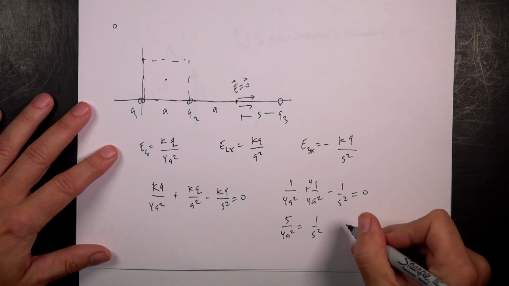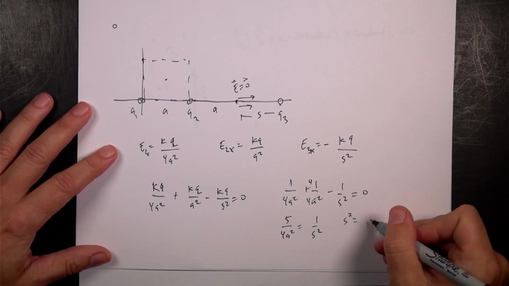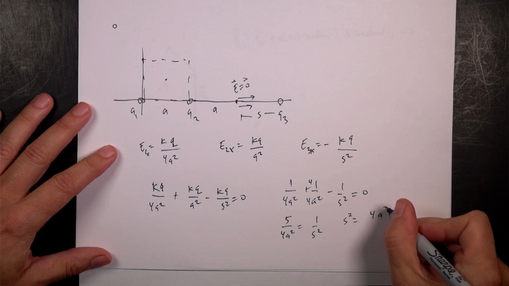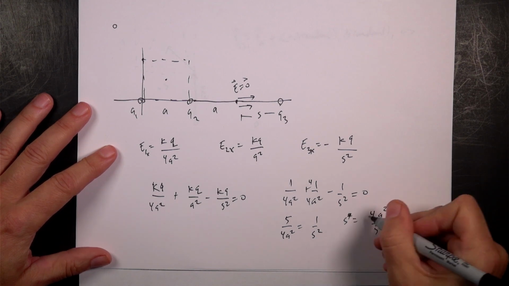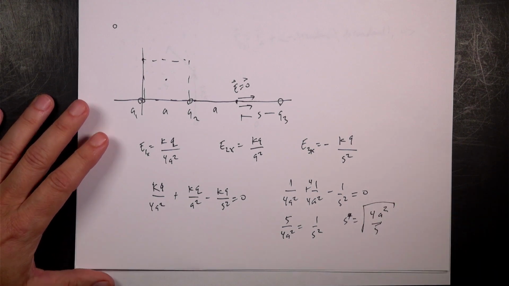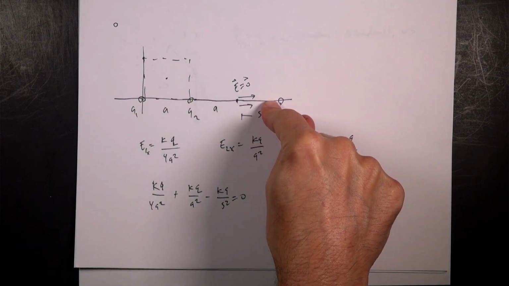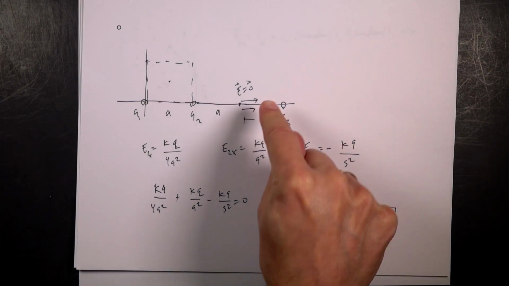Then I can flip both sides: s squared equals 4a squared over 5. s is going to be the square root of that, and that should give me an electric field of 0. Just to show you that I made that up off the top of my head, boom, made it up. Okay, if I have the same value of a, let's find the value of s, and then put 3 charges there, and see if we get an electric field of 0.